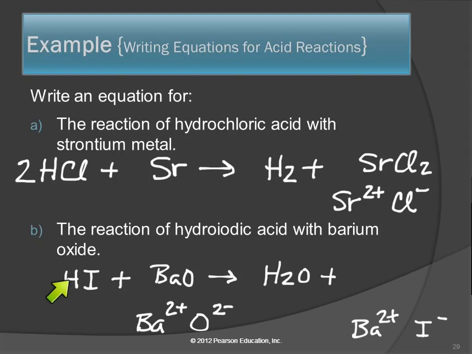See, the H from the acid and the O from the metal oxide got together to make the water. And here, the barium didn't go anywhere and the iodide didn't go anywhere, so they end up together. +2, -1. So this must be BaI2.